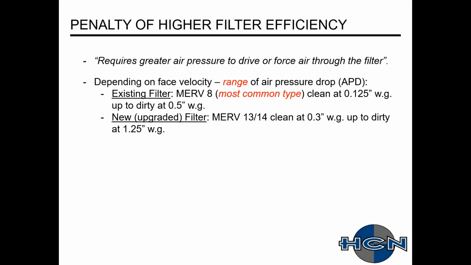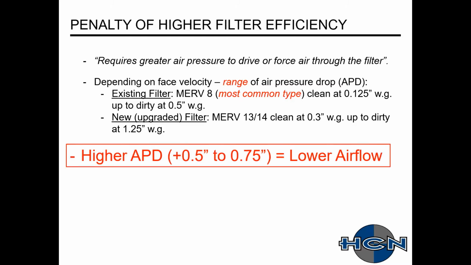Once again, there's a lot of information available about different filter manufacturers, filter depths, and filter air pressure drop. But essentially, you're kind of in trouble. You're going to have approximately a half inch to three-quarters of an inch of additional air pressure drop.